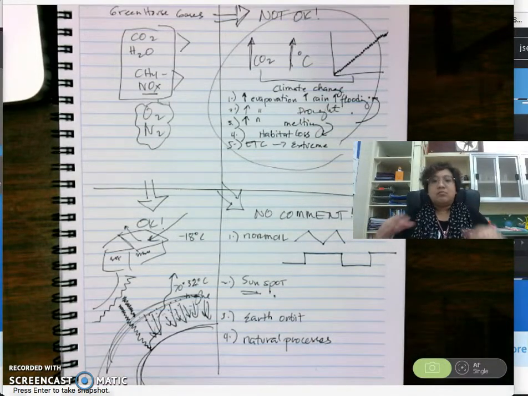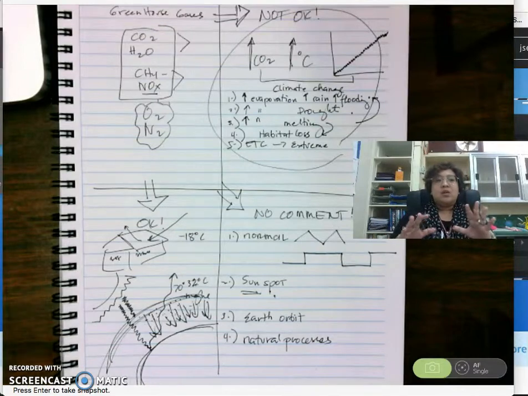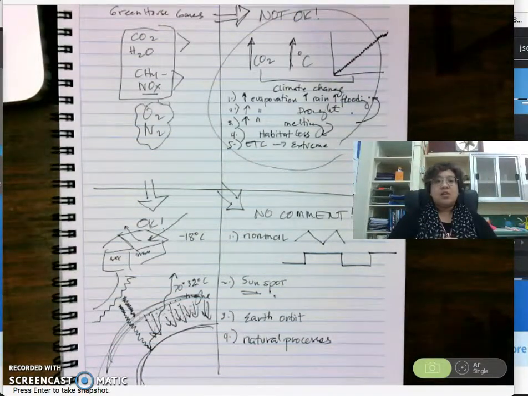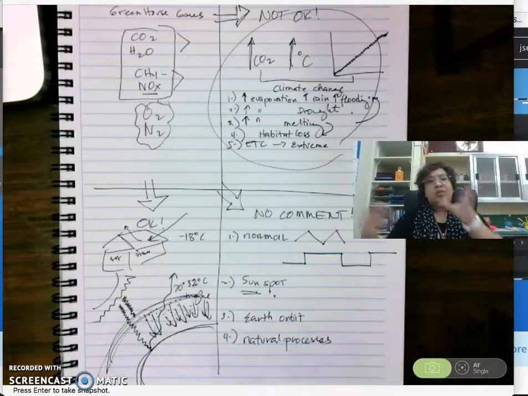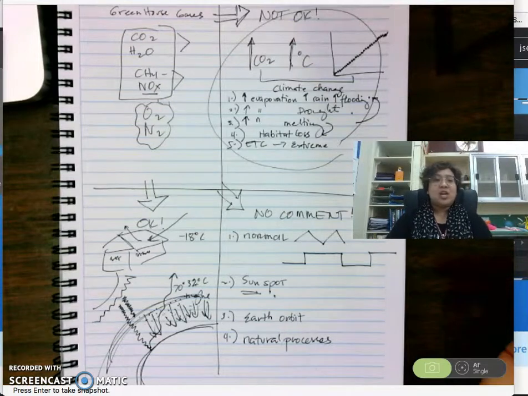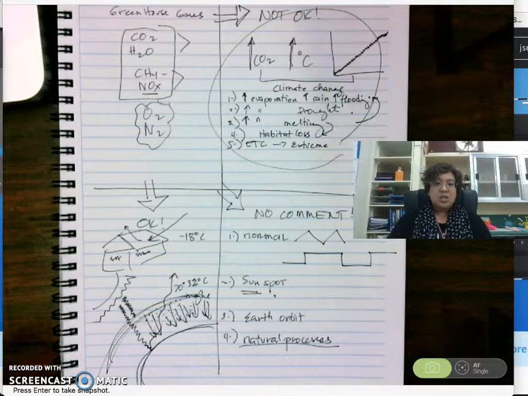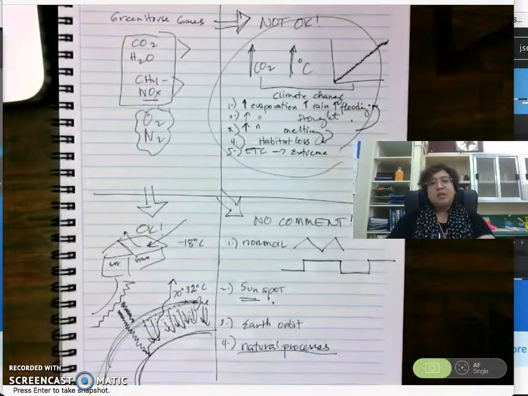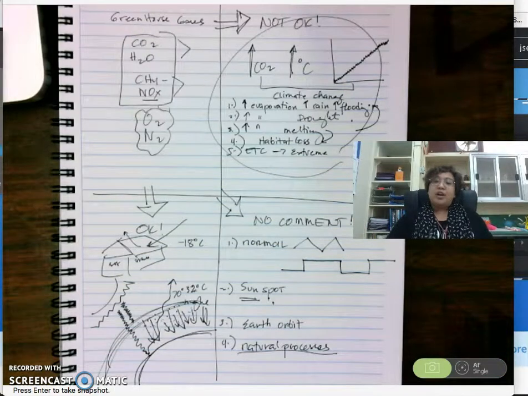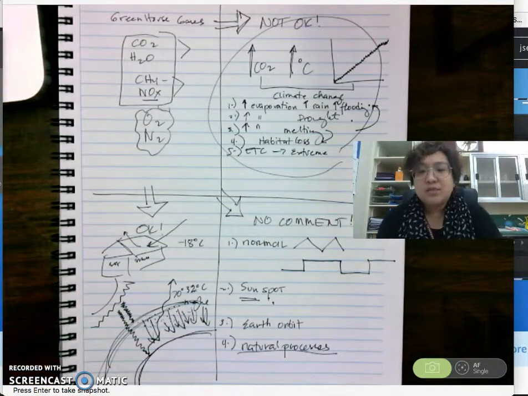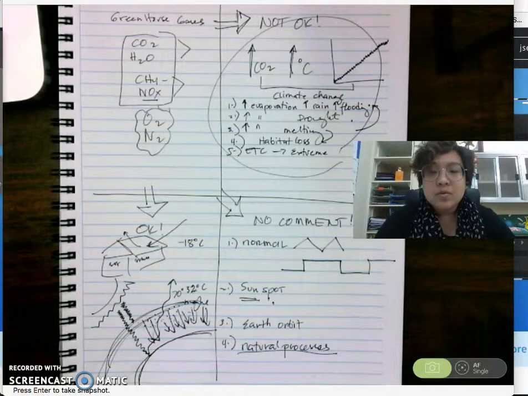Or changes in currents of the ocean, which distributes heat around the surface of the Earth. That can also determine how our weather or how the climate would change eventually. So different kinds of natural processes can lead to changes in climate as well. So it's not all because of burning of fossil fuels, emission of CO2 in the atmosphere.